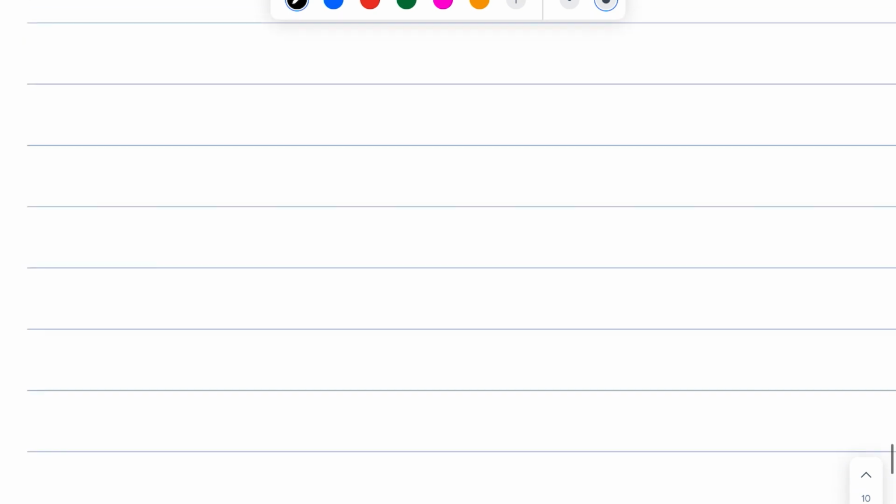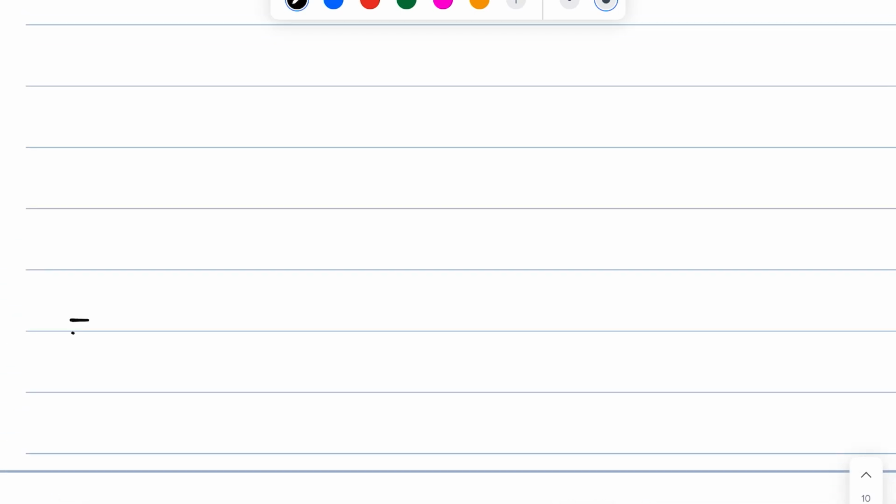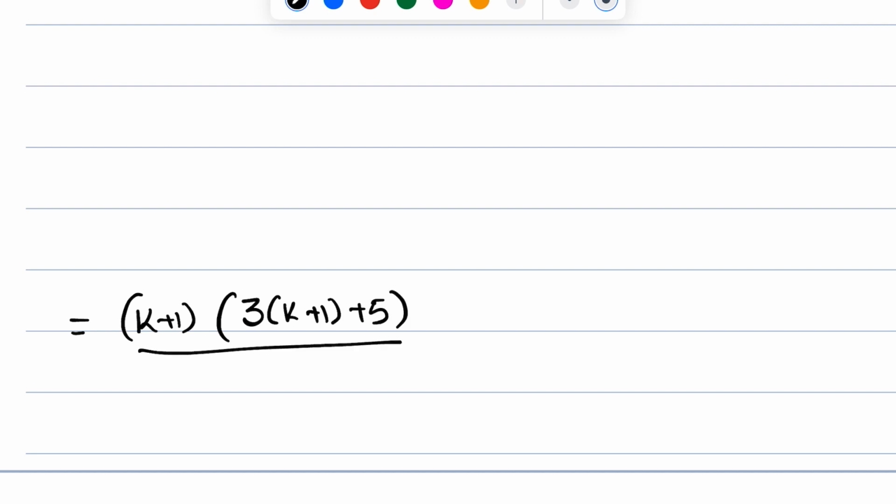When I plug in n equals to k plus 1 on the right hand side, what should I be getting there? My answer should be k plus 1 times 3 times k plus 1 plus 5 divided by k plus 1 plus 1 and k plus 1 plus 2.